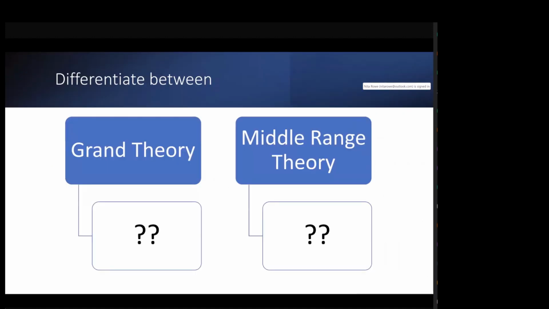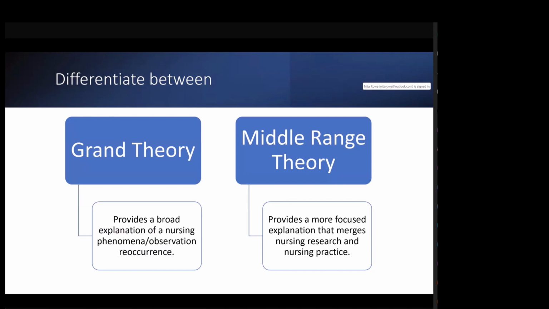True. Differentiate between grand theory and middle range theory. Let me ask you this question for sake of time. Which is the one that is more theoretical in concept? Is it grand theory or is it middle range theory? It's grand theory. Oh, correct. So the definitions are: grand theory is a broad explanation of nursing phenomena based on observation and reoccurrence.